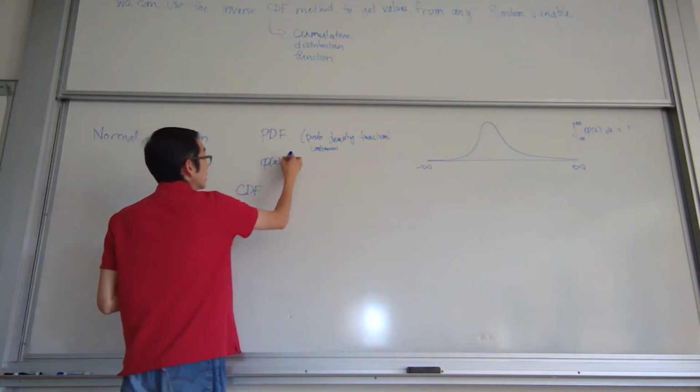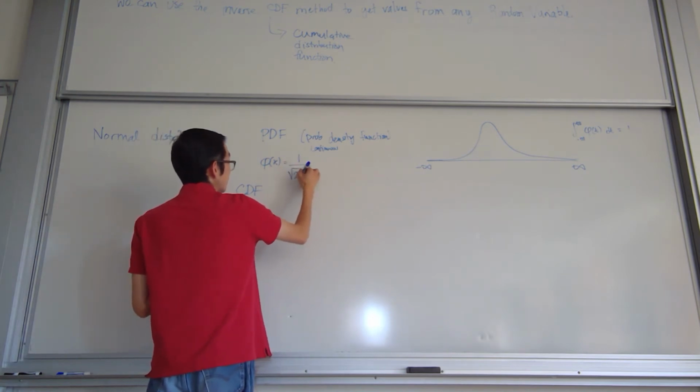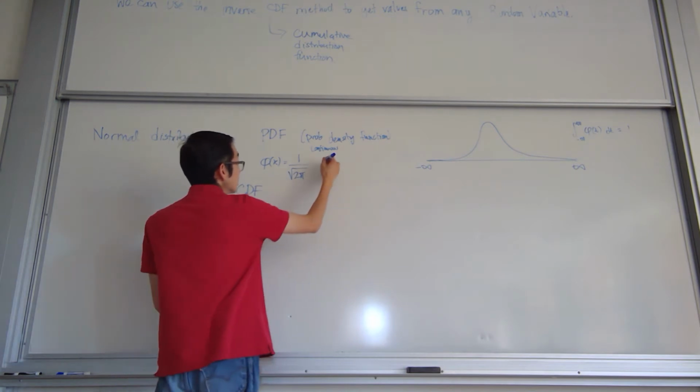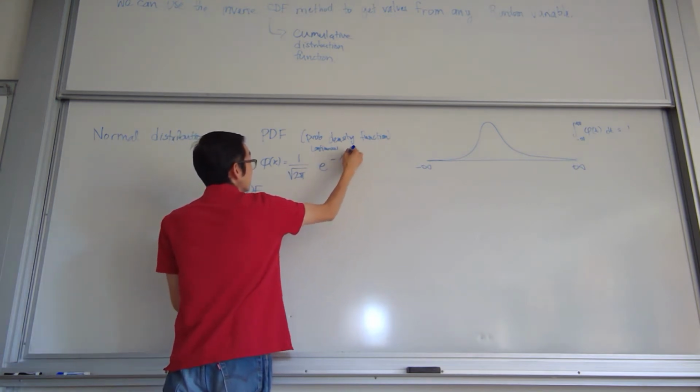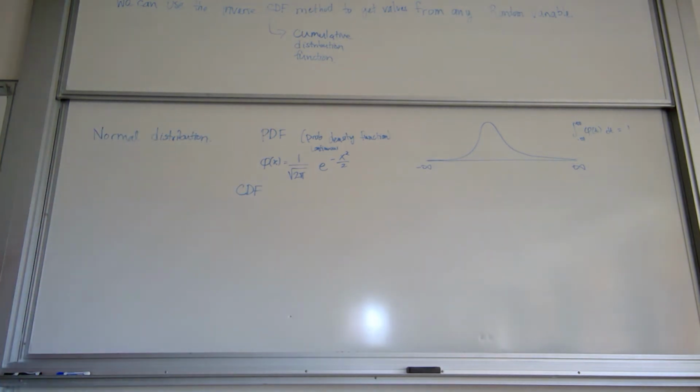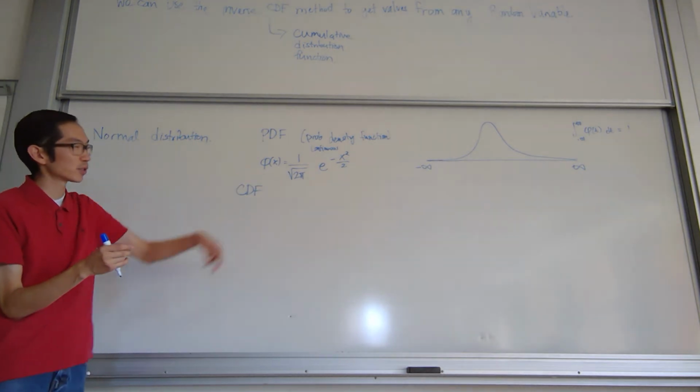Yes, 1 over the square root of 2 pi e to the negative x squared over 2. So that's your PDF, the normal distribution.